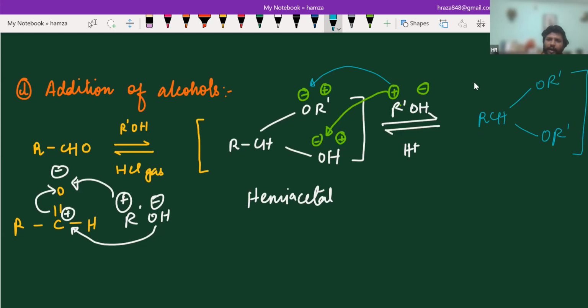If you attack on the top, that means R dash will be replaced by R dash, nothing will change. But if you replace hydrogen with R dash, you will get a new product that is known as acetal. This is your hemiacetal, this is your acetal, along with H2O formed as a byproduct, because this H and this OH will combine to form byproduct H2O.